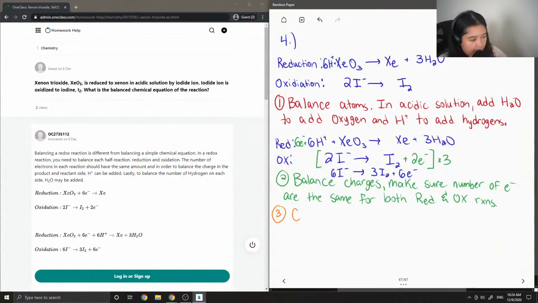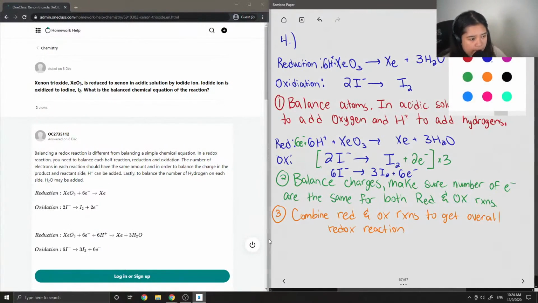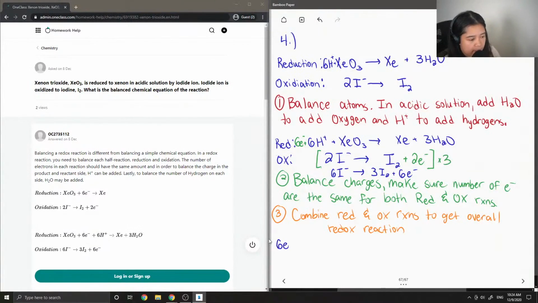So step 3 is to combine the reduction and oxidation reactions to get the overall redox reaction. Okay, so let's combine all of our reactants on one side. So we have 6 electrons plus 6 protons plus the xenon trioxide.